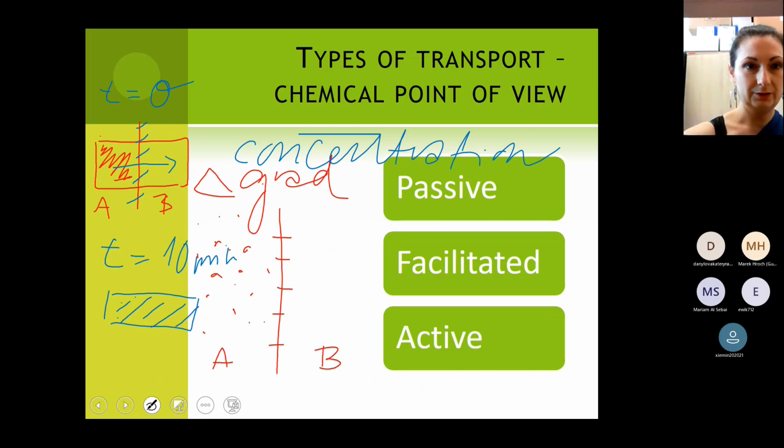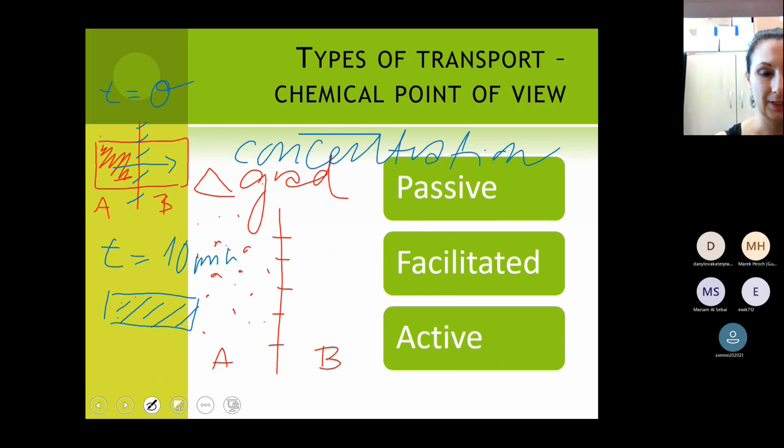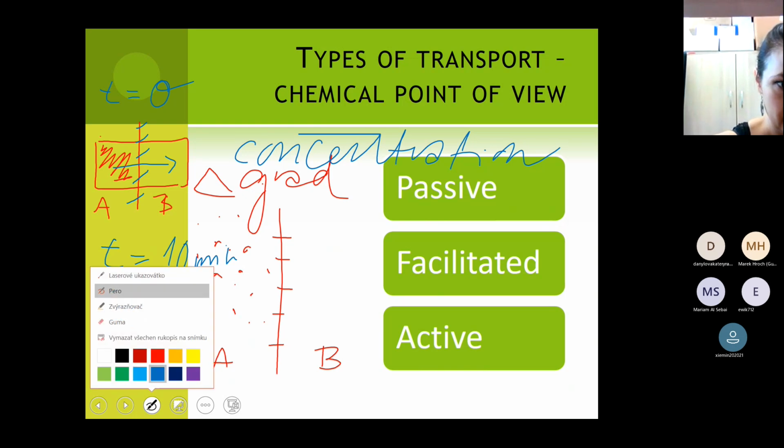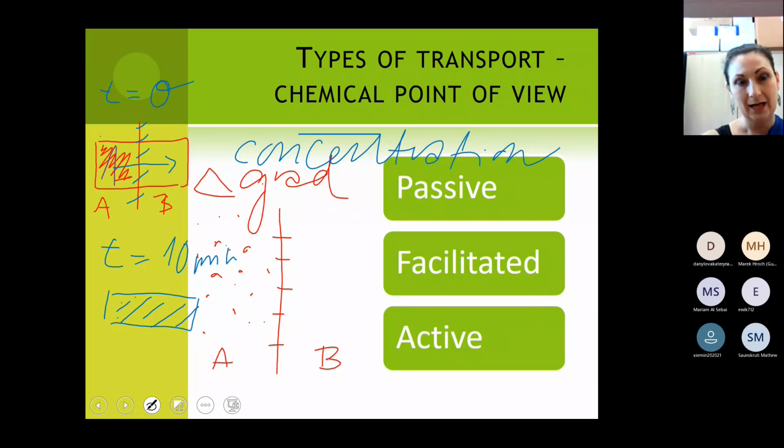In the middle of the room there is a wall, and all the people are in part A. However, I would like to transport more people into part A, so I am pushing them into part A, and on the other hand, part B is completely empty, or more or less empty. So I am pushing people against their concentration gradient.